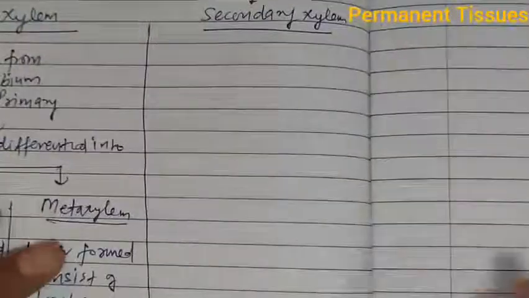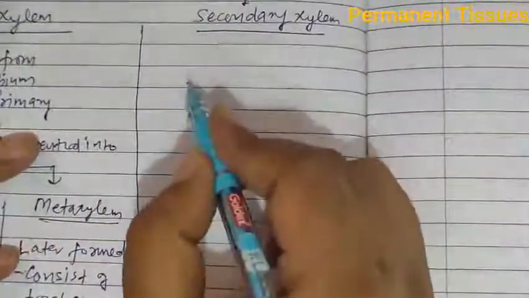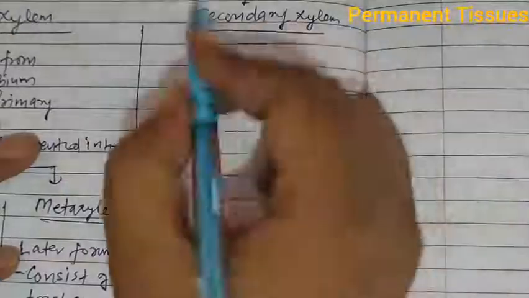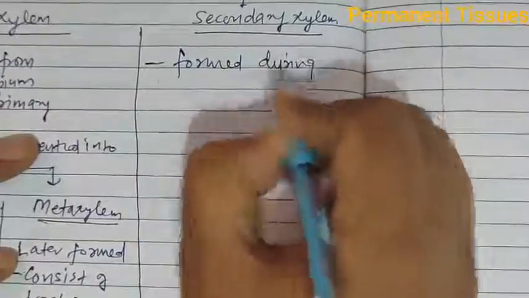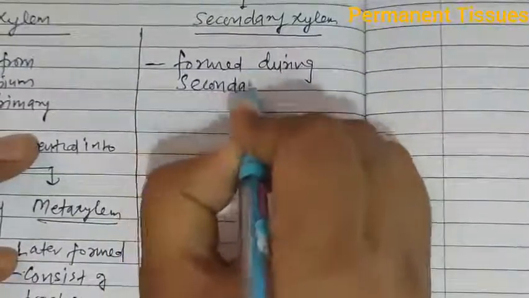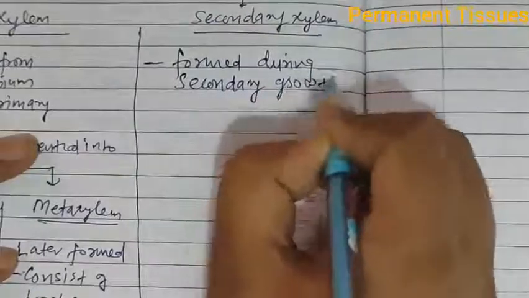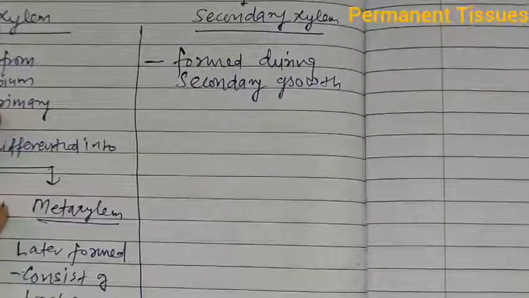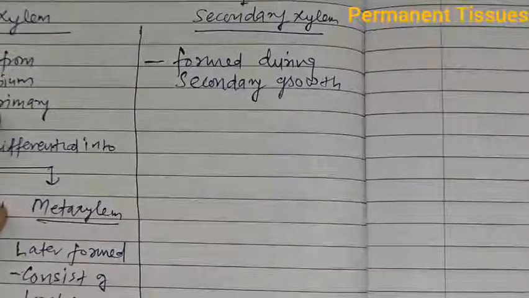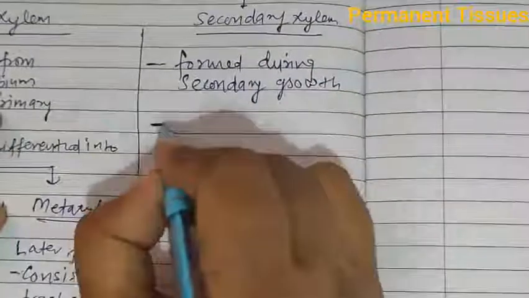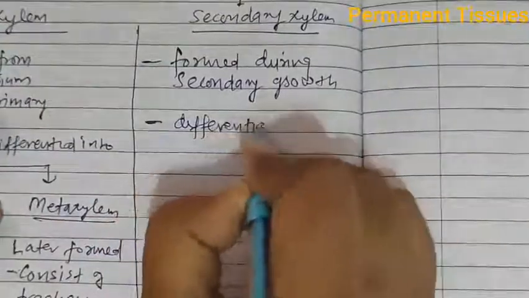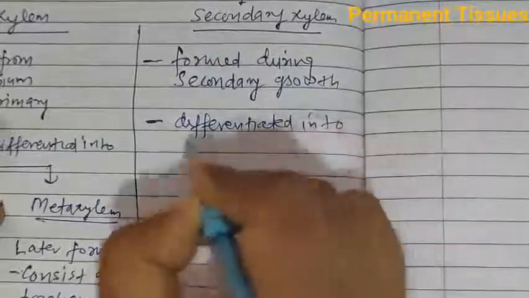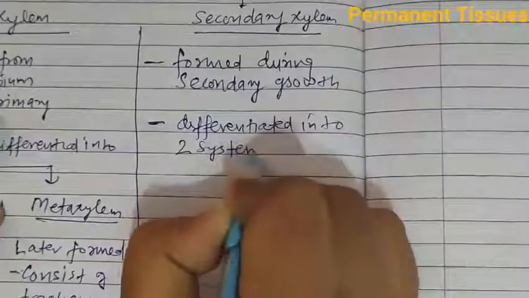Next we talk about secondary xylem. Secondary xylem is formed from cambium during secondary growth, and it is differentiated into two systems.